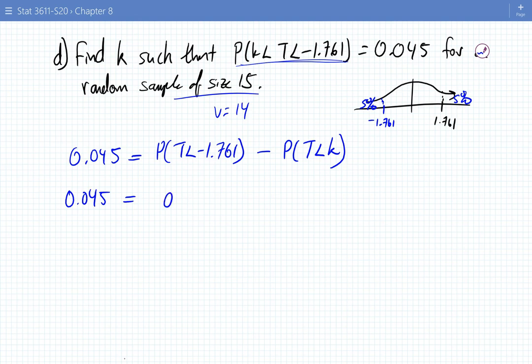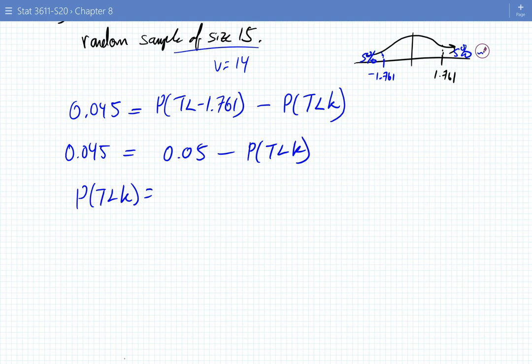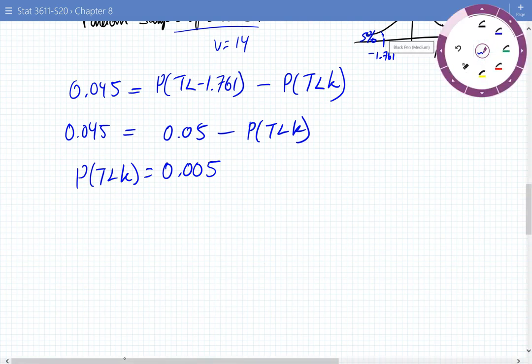And so that would be 5% minus the probability that t is less than k. And so now we can move things to the other side here. The probability that t is less than k is 0.05 minus 0.045. That's 0.005. And so now I need to find the k where the probability that t is less than k is equal to 0.005. Well, let's take a look.